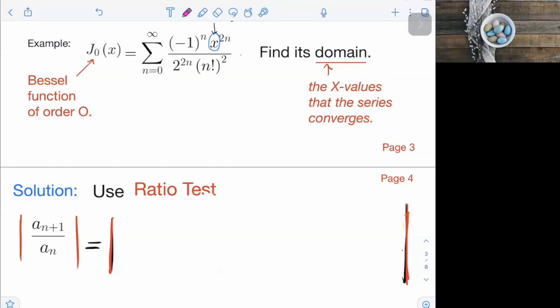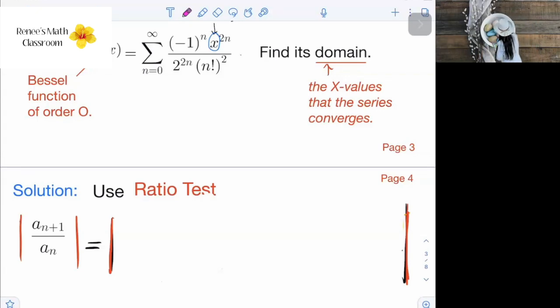And then what about this n factorial over n plus 1 factorial? N factorial squared over n plus 1 factorial and then squared. Isn't this the same as the square of n factorial over n plus 1 factorial? Right? Yeah. Okay.